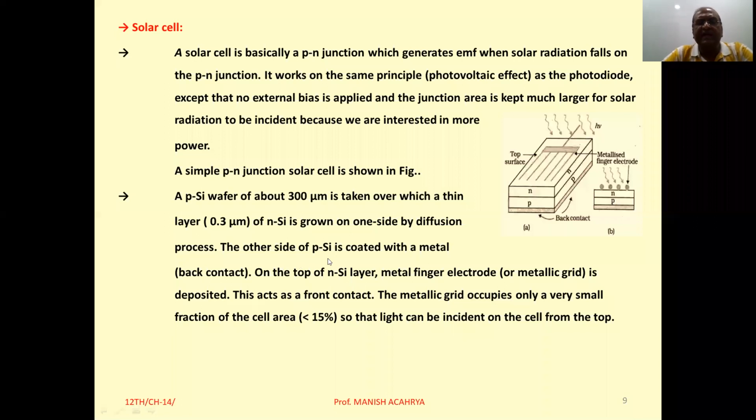The other side of the p-type silicon semiconductor is coated with metal, that is the back contact. This one is the p-type semiconductor and this one is the back contact.